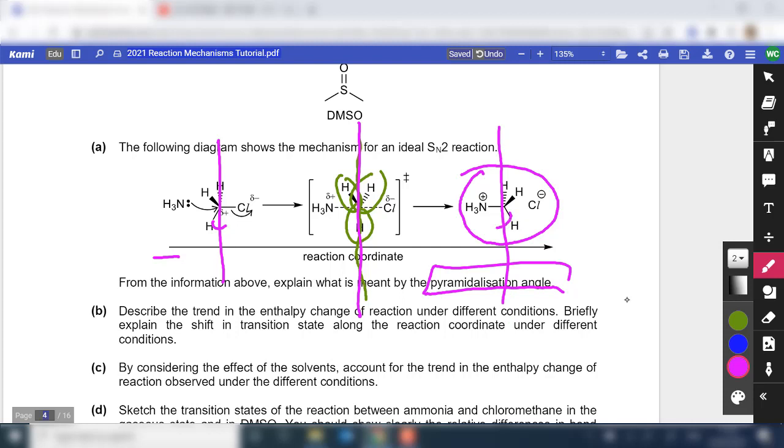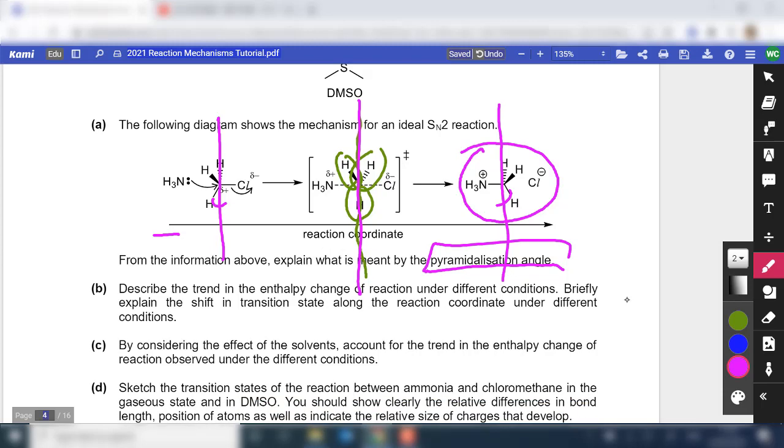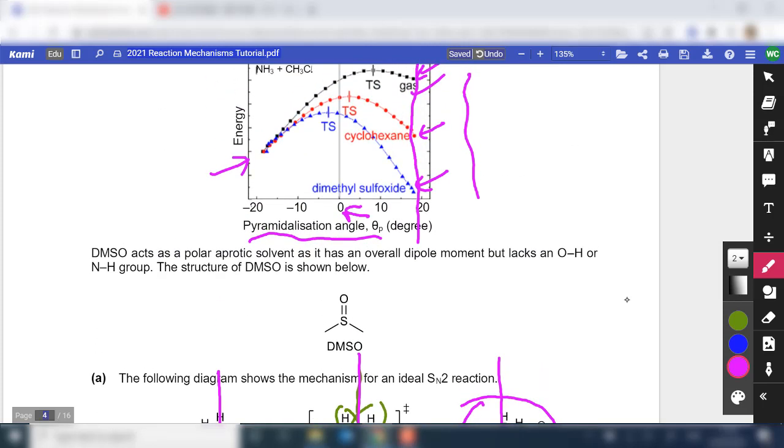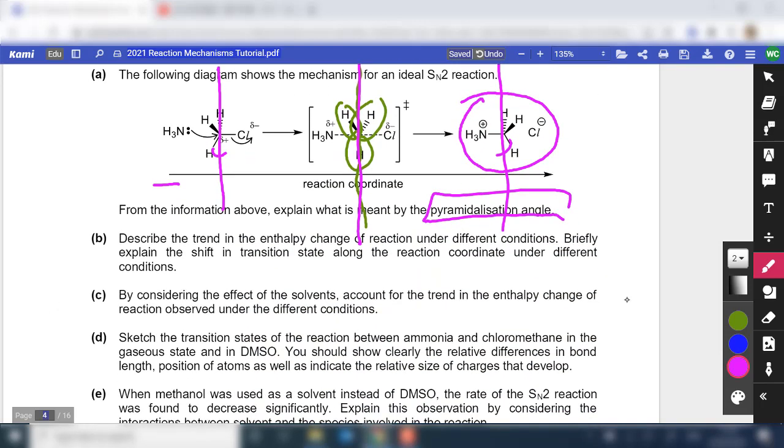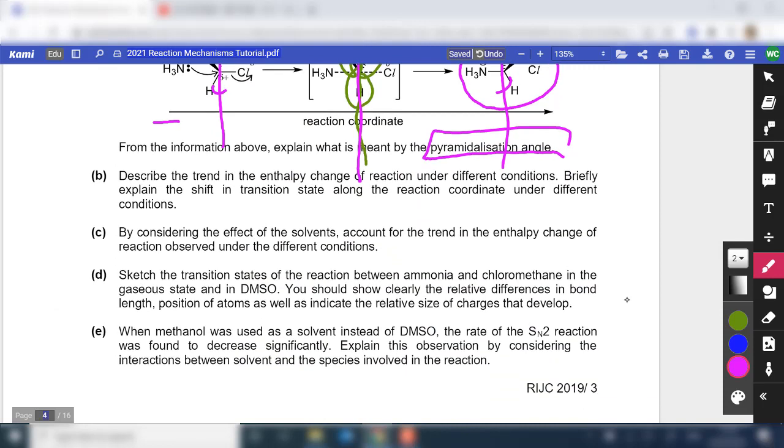So that kind of makes sense. I think A is a pretty interesting question. You introduce a new term, and given the information, you should be able to come up with some possible explanations. And I think the rest of the parts were pretty decently done when we marked them.